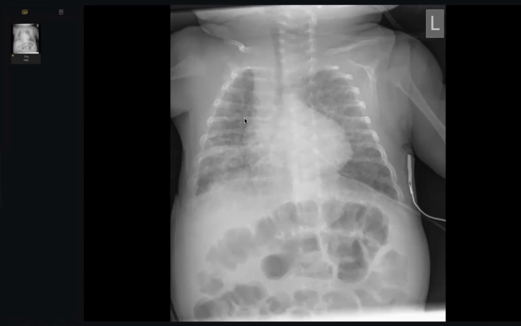Which organ of this baby do you want to examine, or which colleague from another specialty would you call to examine? What is the underlying etiology of bronchopulmonary dysplasia?